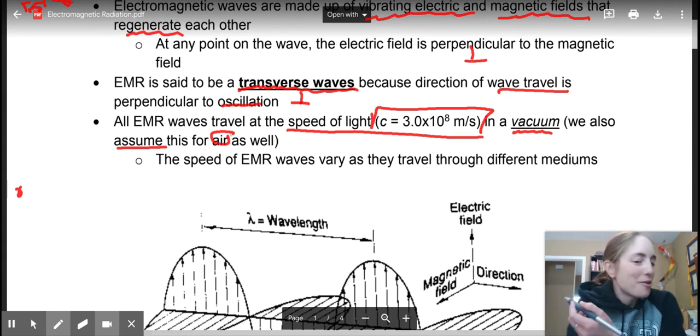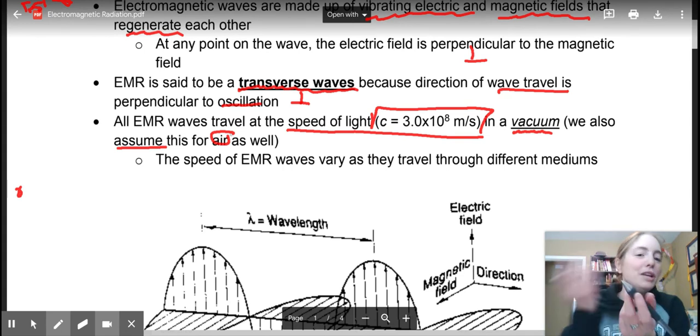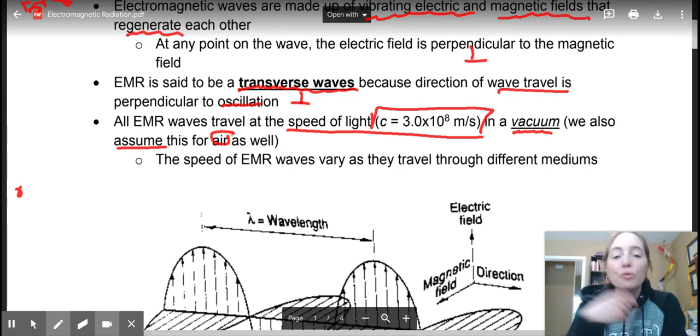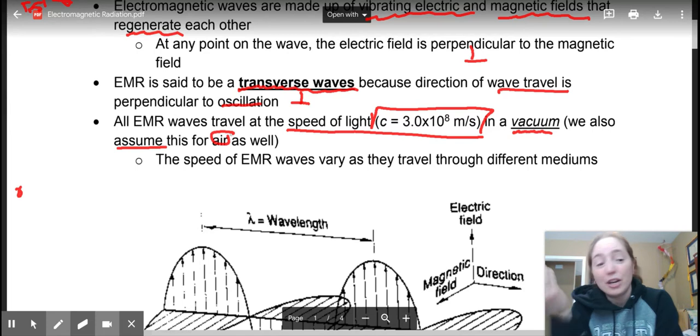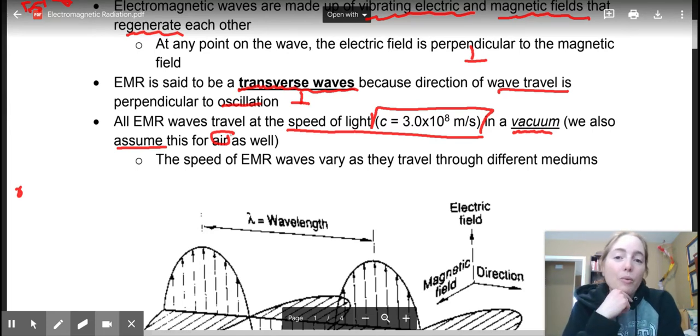Now, some EMR can't travel through certain media. For example, radio waves, which are EMR, can travel through brick buildings, which is why you can get radio signals inside your house. Whereas X-rays can travel through that no problem, but they can't go through lead.